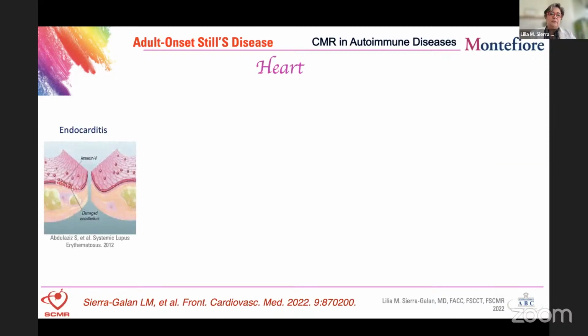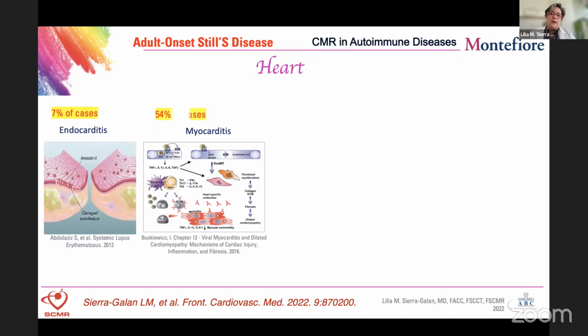And in terms of the heart, we are going to have endocarditis again, which affects 7% of the cases, myocarditis, which is the most frequent finding, which is 54% of the cases. In this disease, myocarditis presents very early in the evolution.